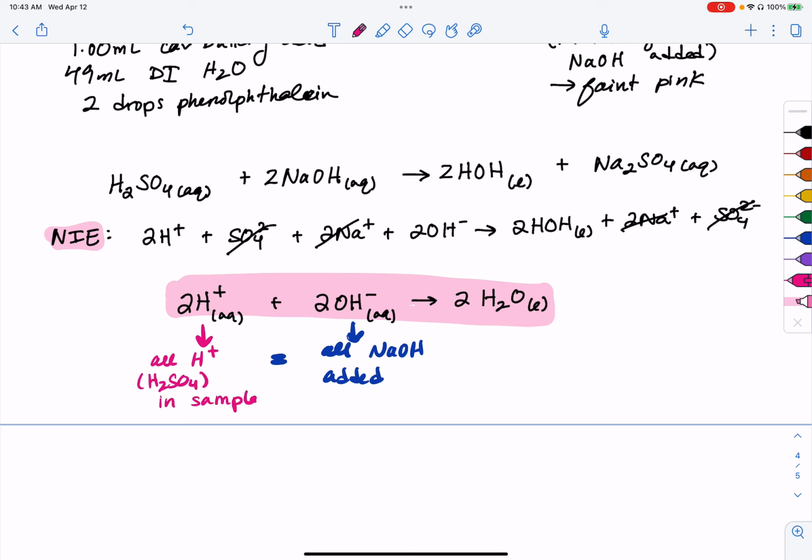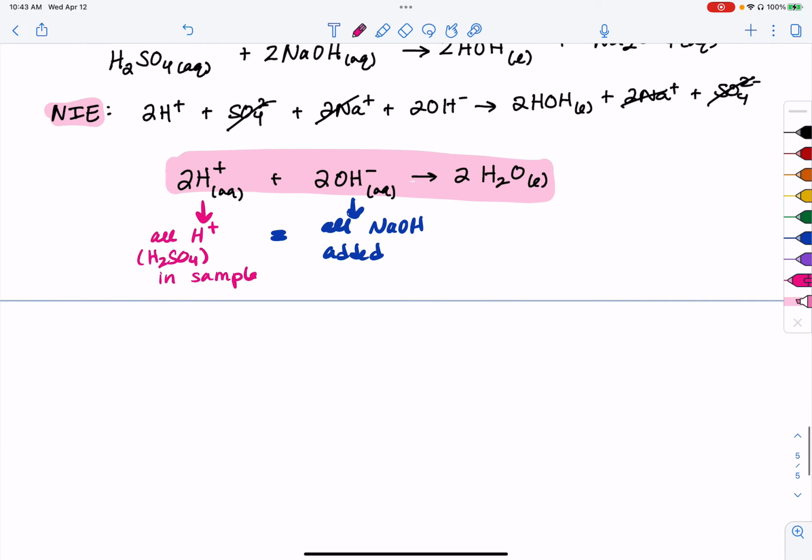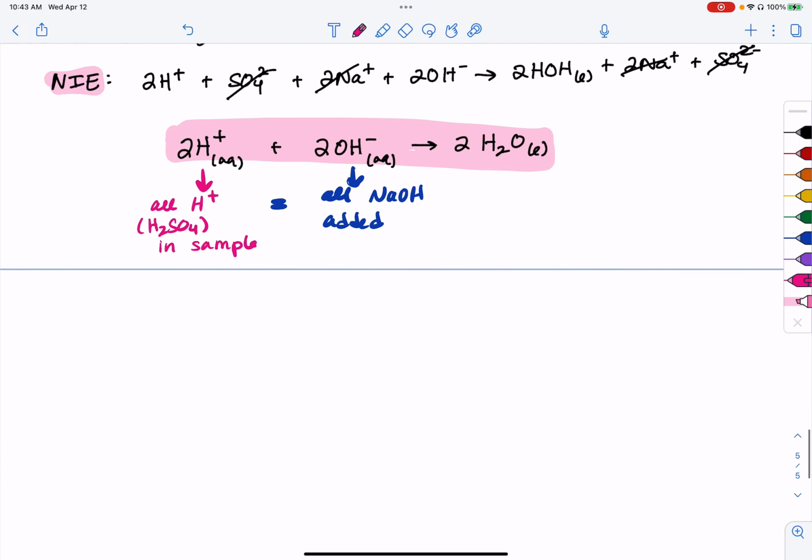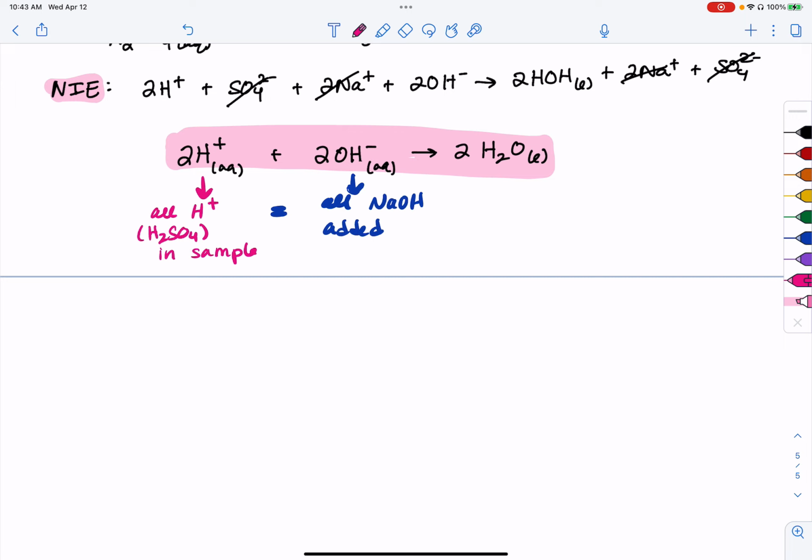So all the sodium hydroxide titrant added is equal to all of the sulfuric acid that was neutralized in our car battery sample.